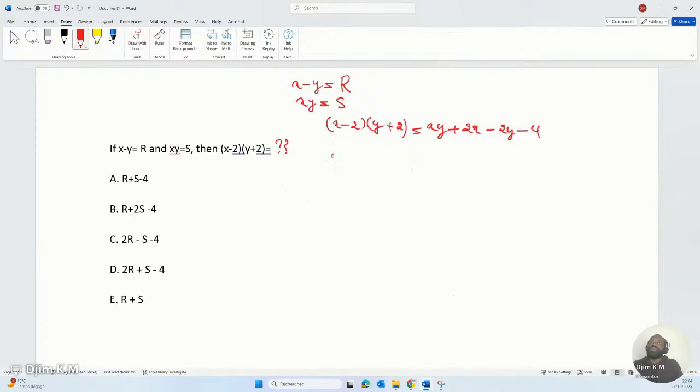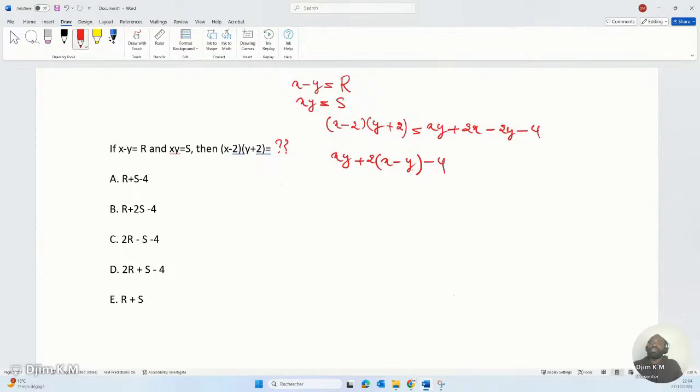So this will be xy plus 2 factor of x minus y minus 4.